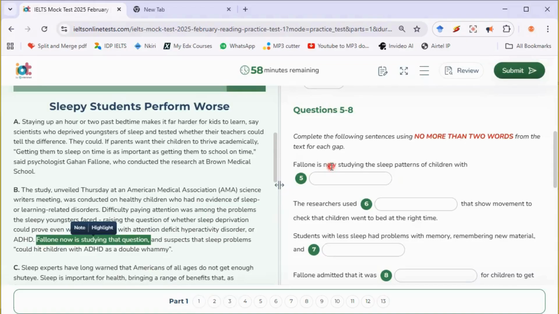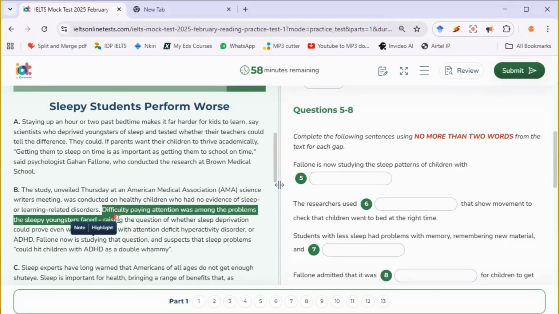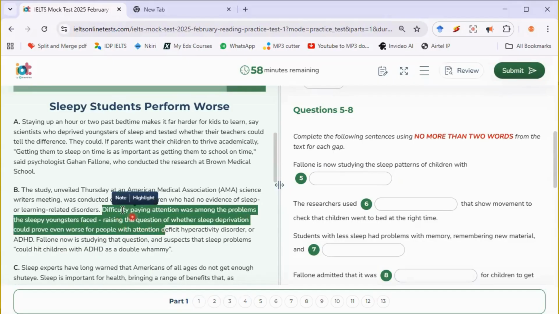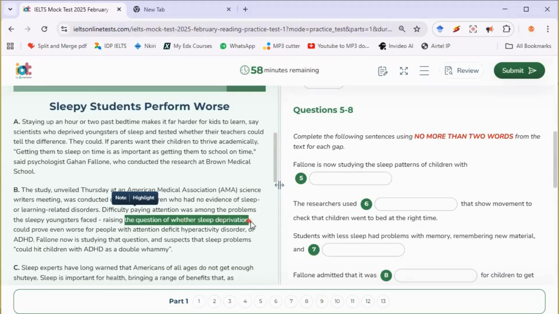Now, can you see? Keywords. Fallon now is studying that question. Which question? We need to go back. I think this is the question they are referring to. Difficulty paying attention was among the problems the sleepy youngsters faced, raising the question whether sleep deprivation could prove even worse for people with attention deficit hyperactivity disorder, that is ADHD.